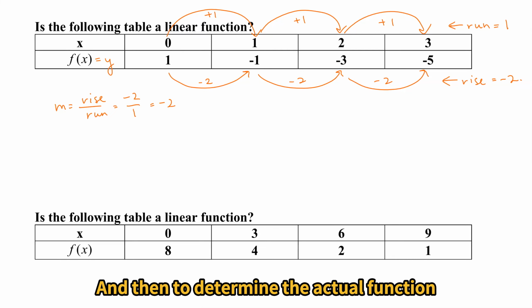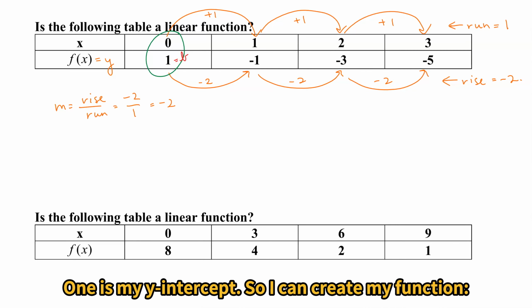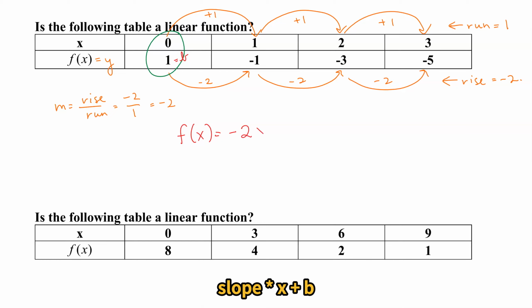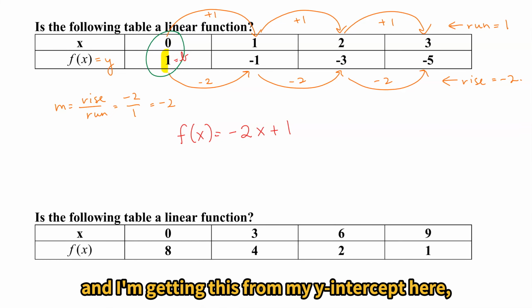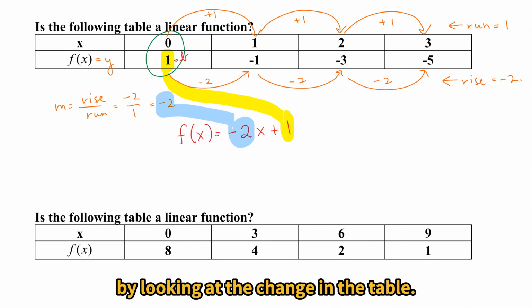And then to determine the actual function for this linear function, when x is 0, y is 1. So this is my y-intercept. 1 is my y-intercept. I can create my function, slope times x plus b. I'm getting b from my y-intercept here, and then my slope by looking at the change in the table.